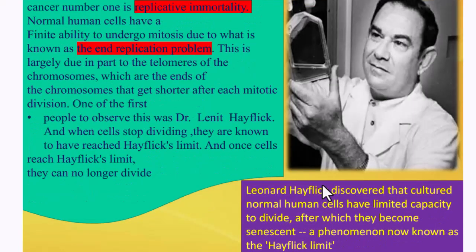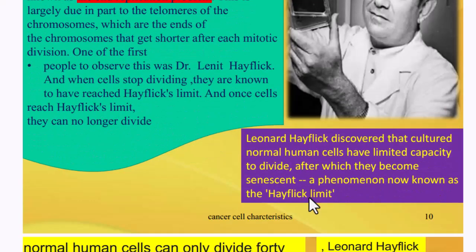This is due to the telomeres of the chromosome, as we mentioned, the ends of the chromosome that get shorter after each mitotic division. Dr. Hayflick: when cells stop dividing, they are known to have reached the Hayflick limit, and once cells reach the Hayflick limit, they can no longer divide.